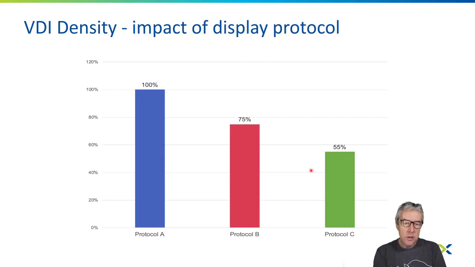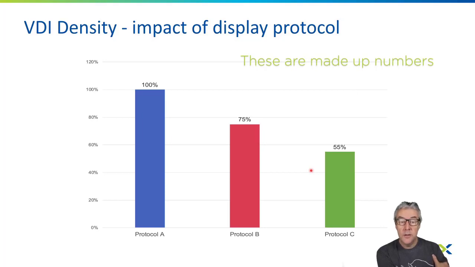Then look at things such as the display protocol. So this isn't a bake-off between HDX, PC over IP or BLAST or RDP or whatever. This one is made up numbers, to be perfectly honest, but there are differences in the display protocol.